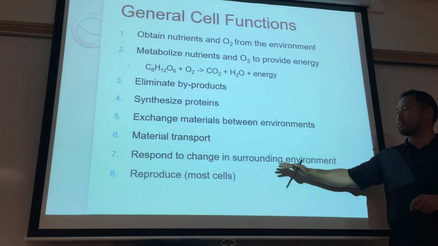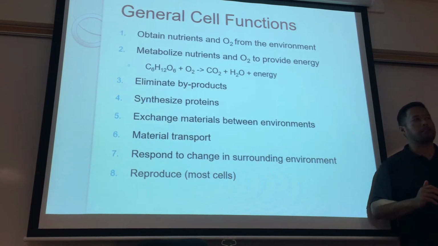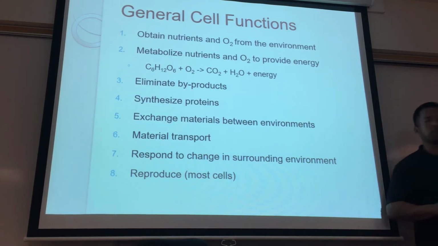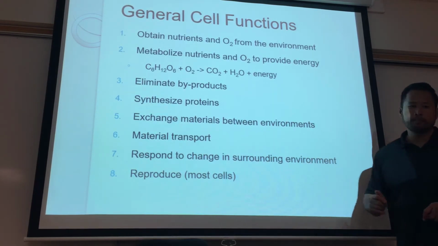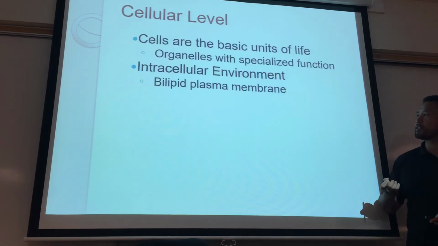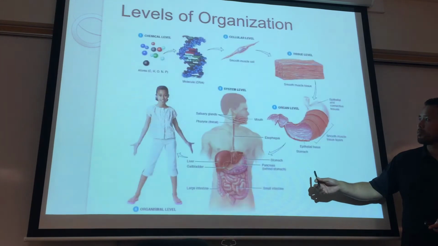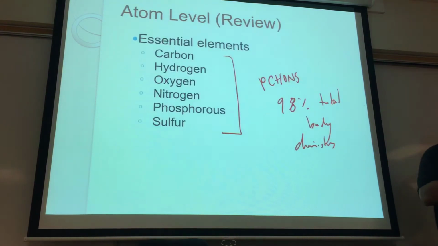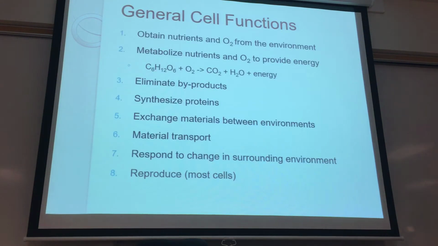This is the big thing right here: how do we respond to change in the surrounding environment? To give you an example of what happens when we eat something, I know we were drawing on that example of the stomach earlier. What happens when we eat something? That's going to change the acidity in the stomach.